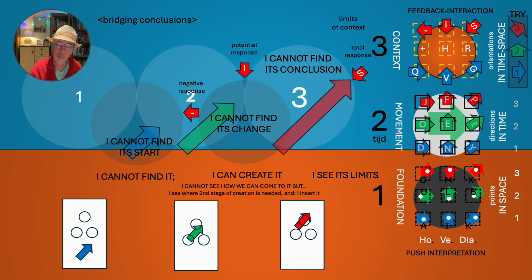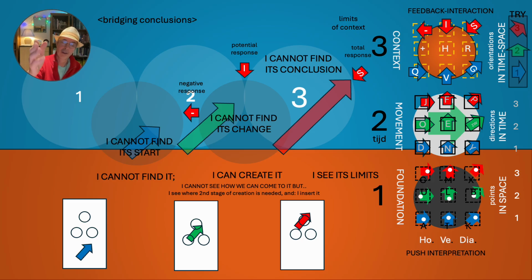The influence will be dominated by context, from the responses, from the feedback, from the interaction. And what will be the interaction if you do not know where to start? What will be the response in the timing context? It's negative, of course. You cannot time anything because you don't know where to start.